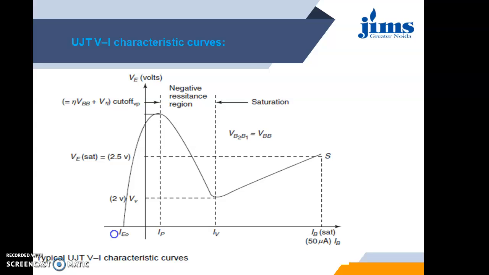So the peak current corresponds to peak voltage, and IV is the valley current, which corresponds to the minimum voltage of VE. This is called the negative resistance region, in which if the voltage decreases, the current increases. The doping and other parameters are so arranged that the current increases further even if the voltage decreases.